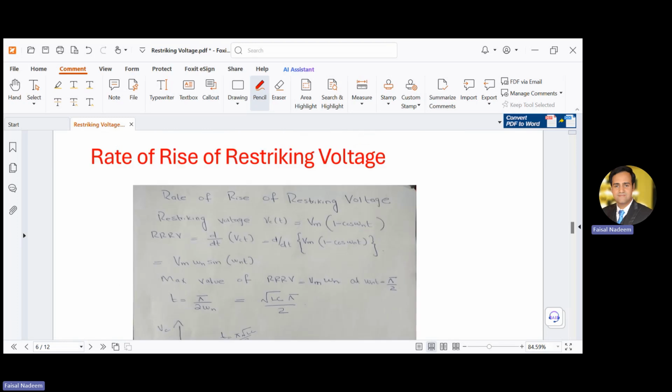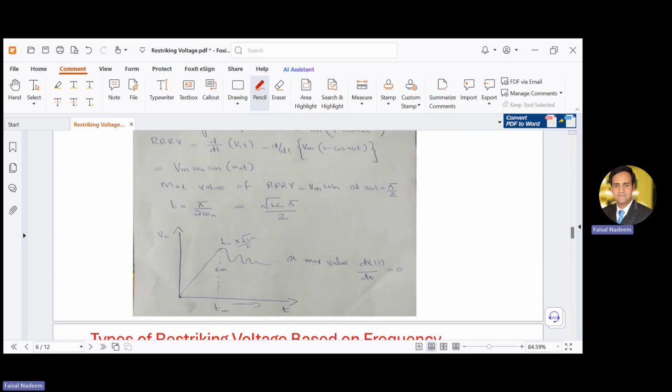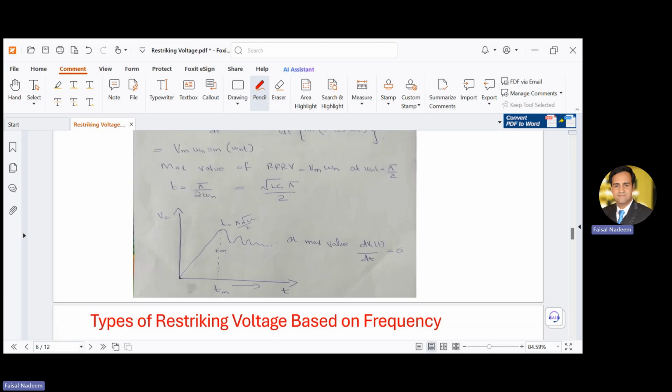Now from this figure, I can explain what the rate of rise of restriking voltage is. This is the restriking voltage Vc. On the y-axis we have the restriking voltage, and on the x-axis we have t.